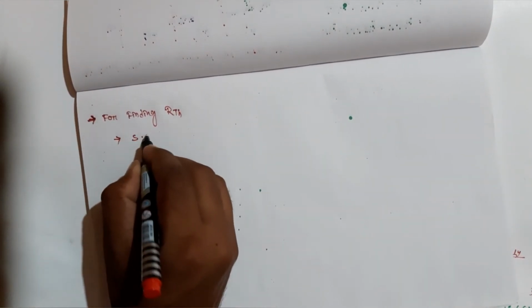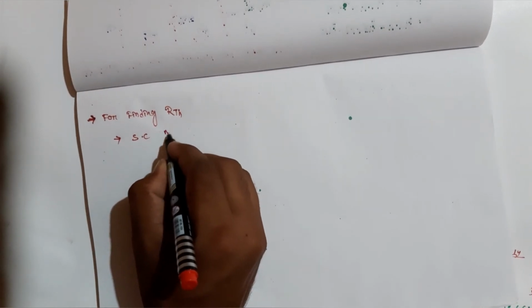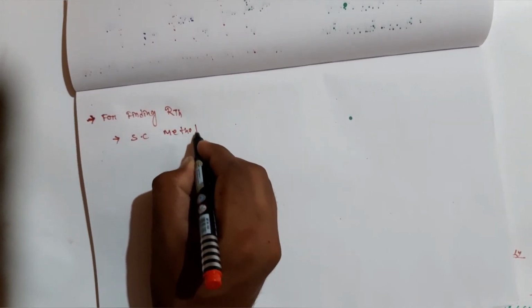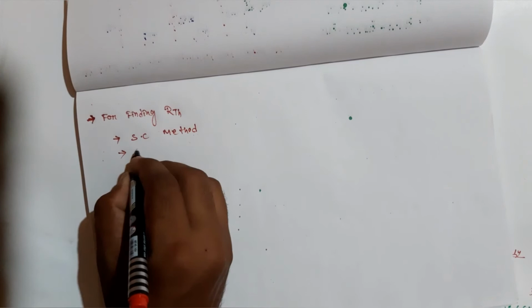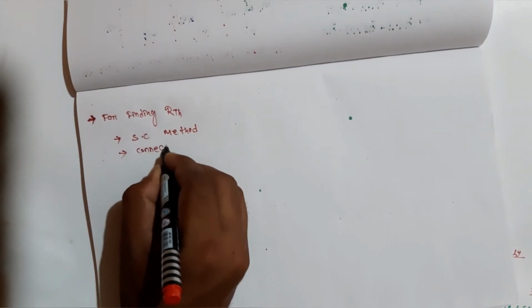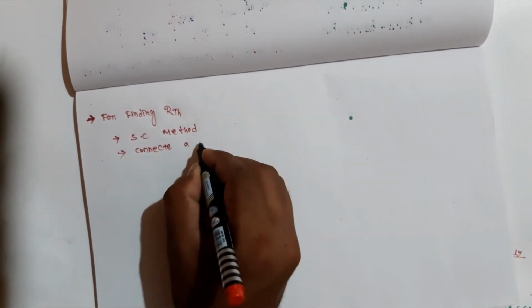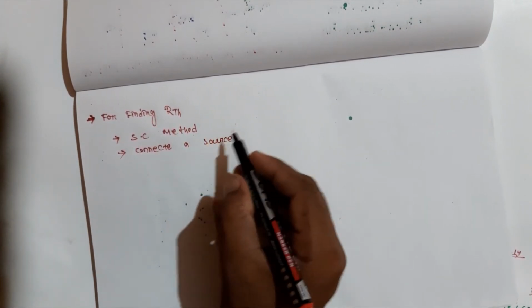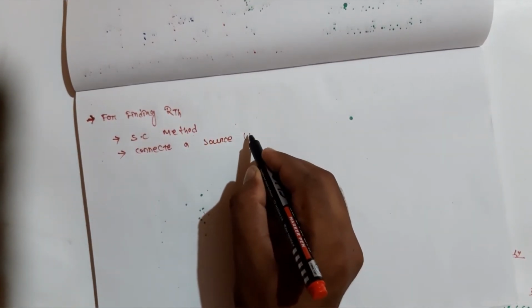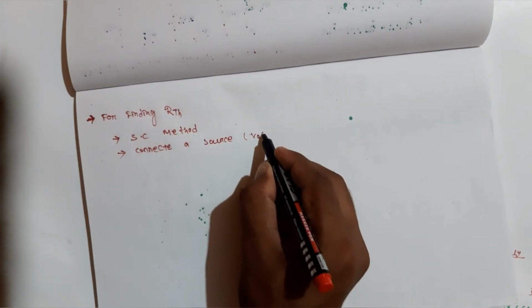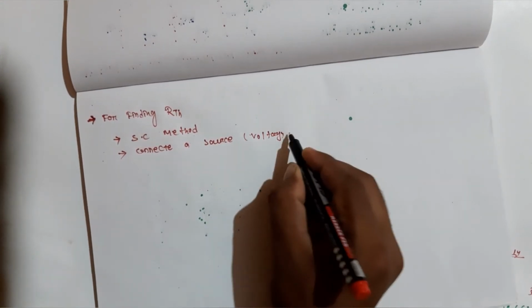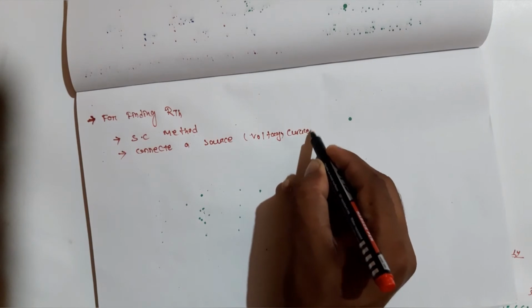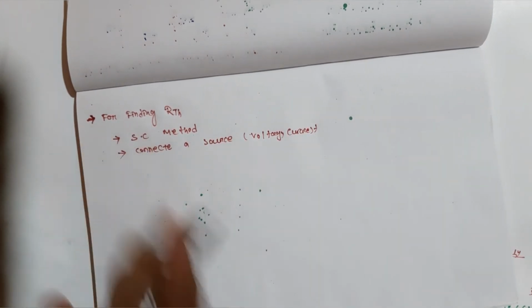One is the short circuit method, and another is to connect a dummy source, like a voltage source or current source. We are going to use two methods.